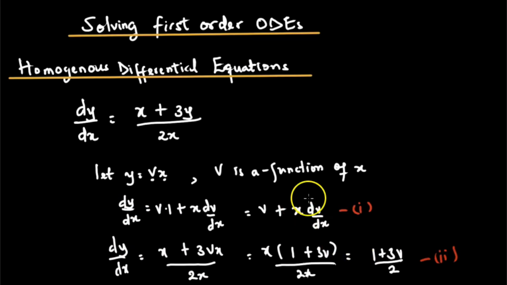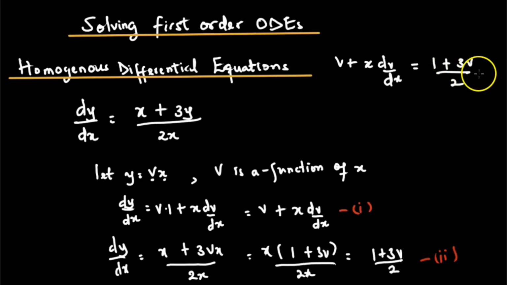We can equate equation 1 and 2. So v plus x dv dx is going to be equal to 1 plus 3v over 2. We can simplify this, right?